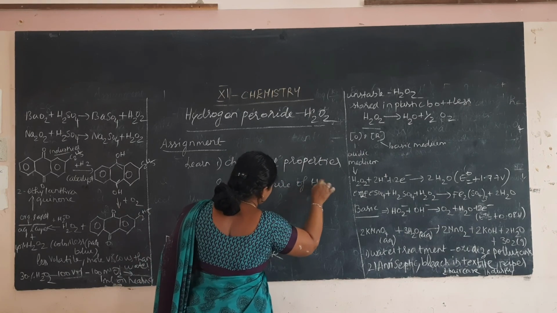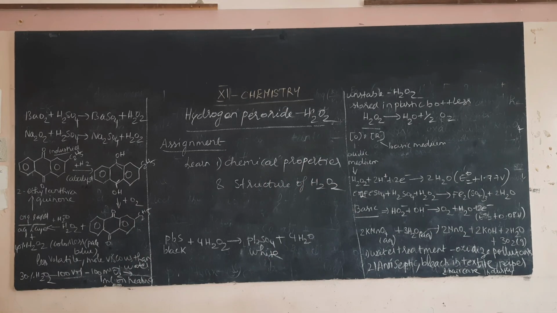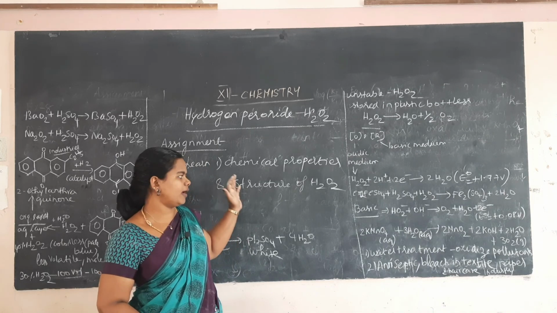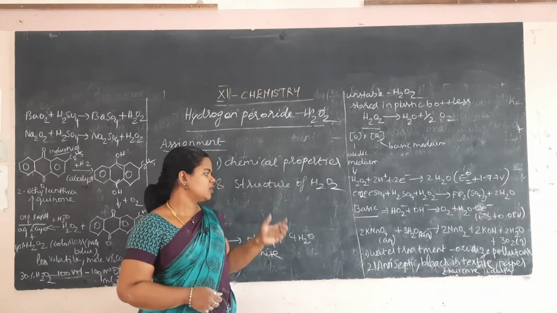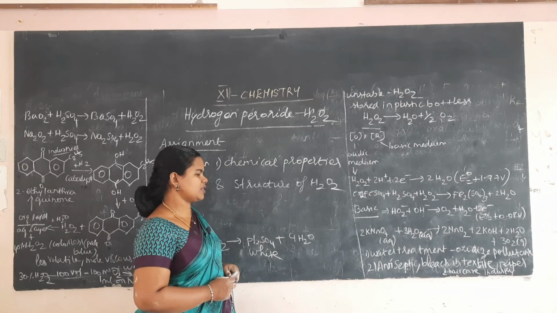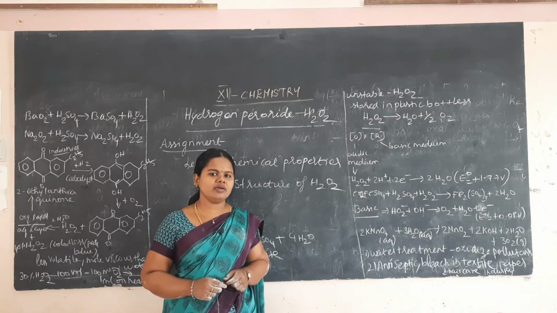To learn the structure, some angle is given, okay, bond angle is given in hydrogen peroxide. So you draw the structure and you learn the structure as well as the chemical properties of hydrogen peroxide.